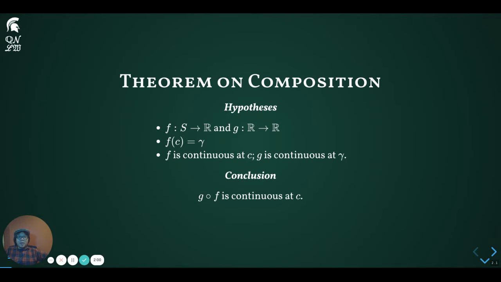If we suppose that f is continuous at c and g is continuous at gamma, we get the conclusion that the composite function g composed with f is a function that is continuous at c also. In the theorem statement, we assume that g has domain all of real numbers. If we know that f has a more restrictive codomain, say a set T, and that g has domain T, then the same theorem holds also.